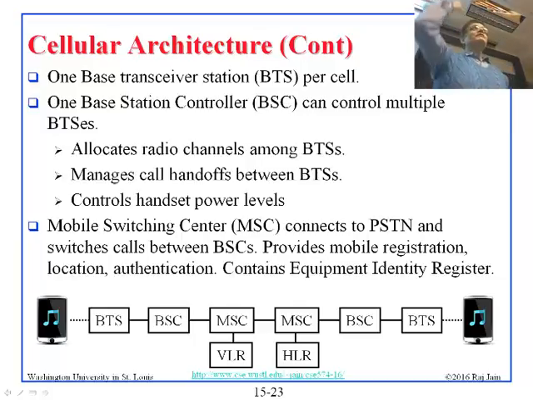But when you are visiting Las Vegas, what happens there? Basically, over there, the MSC will call the MSC in St. Louis and say, we have a St. Louis guy here. What is he registered for? Can he make a phone call? Can he watch the video? So there is a VLR, Visitor Location Register. HLR is your home, and VLR is all the people who are visiting Las Vegas.